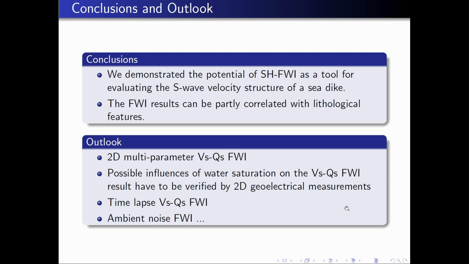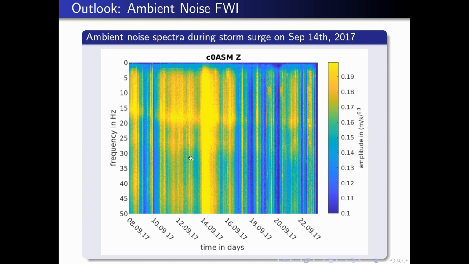Finally, we want to apply the waveform inversion also to ambient noise data, and I want to show you the potential of this approach on the next two slides. So far we used only active source seismic data for the waveform inversion. However, to monitor changes in the dike, it would be much more convenient to use passive data for the inversion.